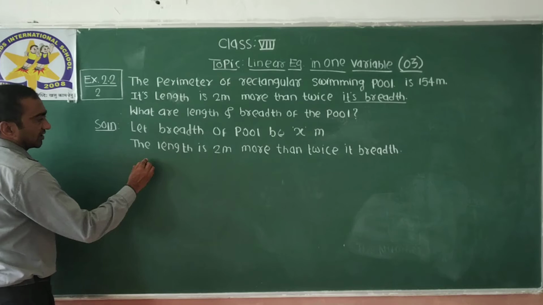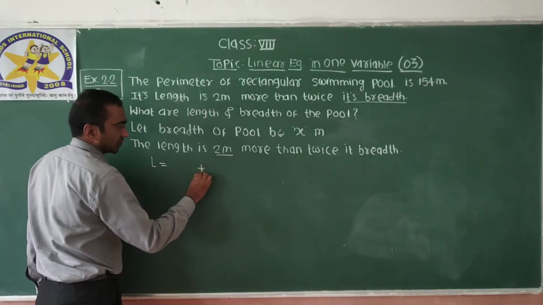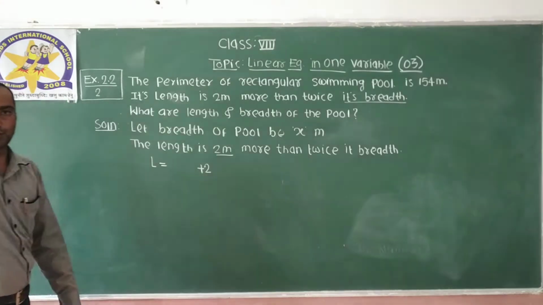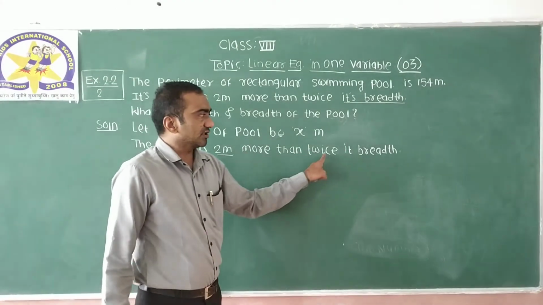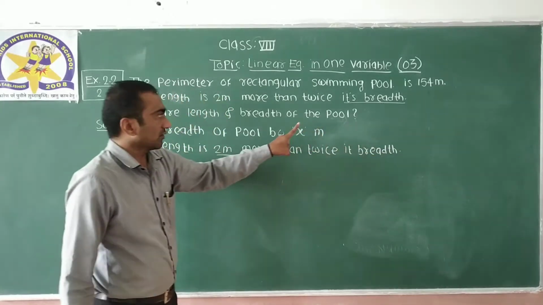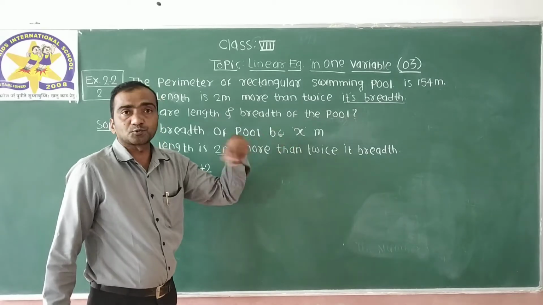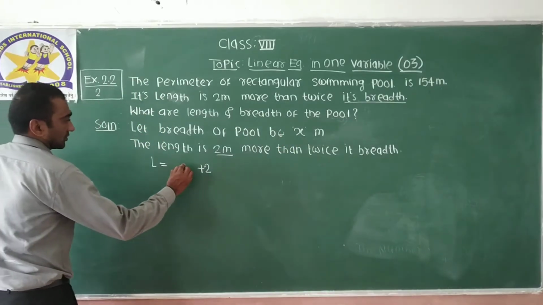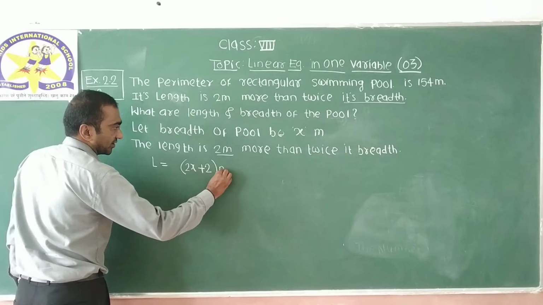So the length of that pool is L equals to 2 meter more means positive 2. 2 meter more means plus 2, more than twice its breadth. Now we have considered that breadth is x, twice means 2x. So the length of that pool will be 2x plus 2 meter.